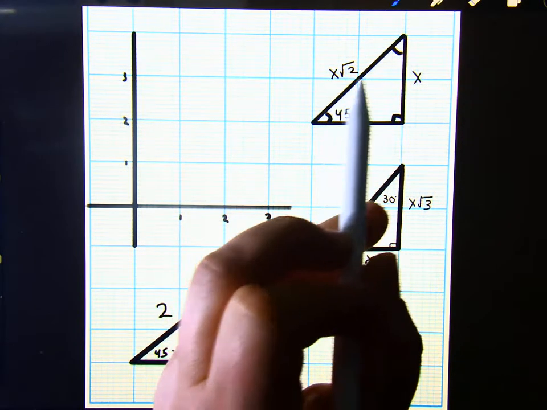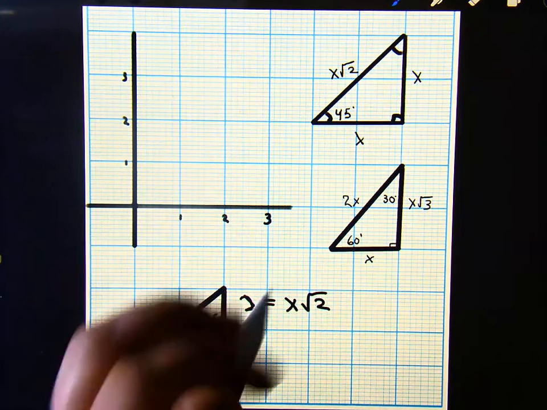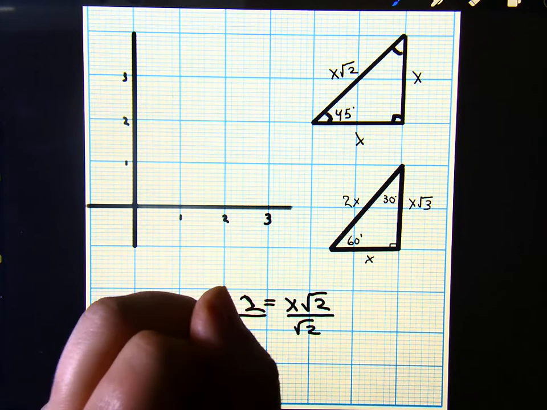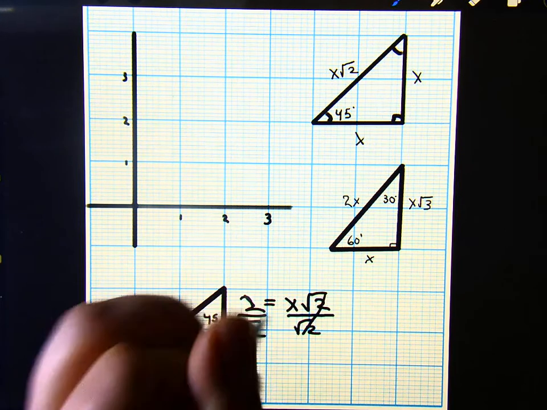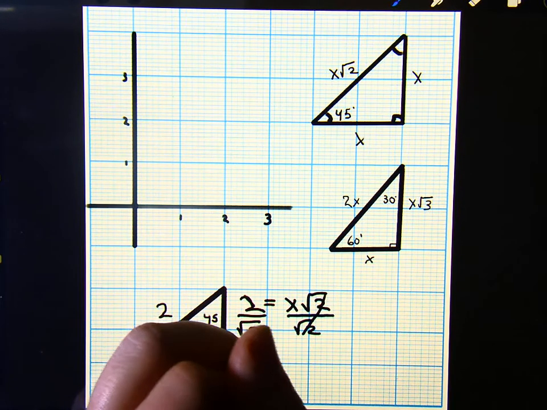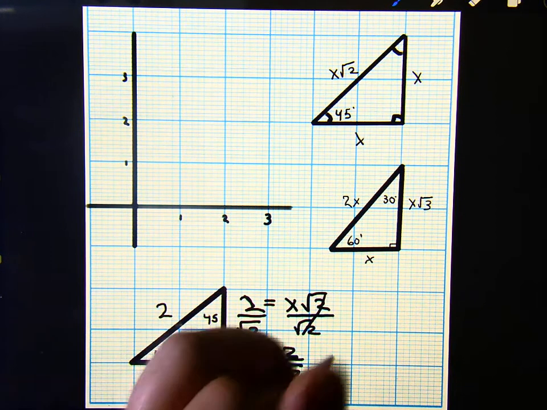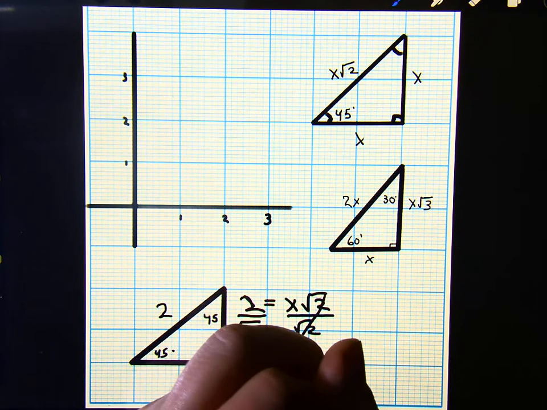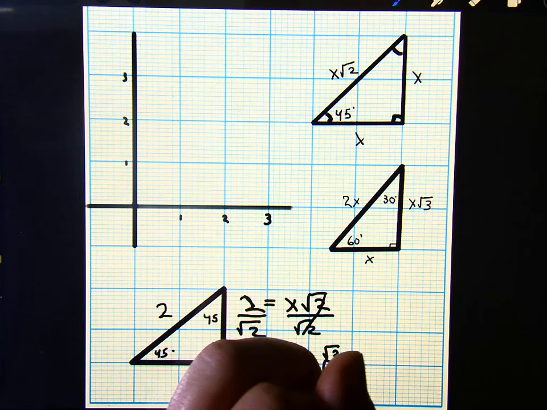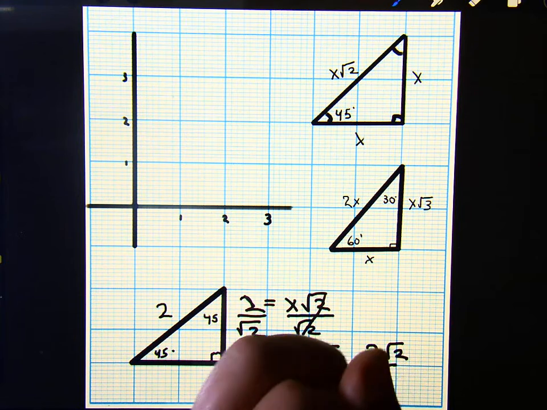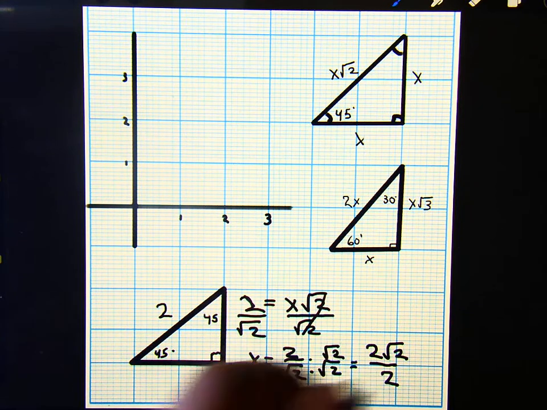Again, that's what this line segment is. I'm going to divide both sides by square root 2. Simplify, and I get x equals 2 over square root 2. Rationalize the denominator, and I get 2 square root 2 over 2.